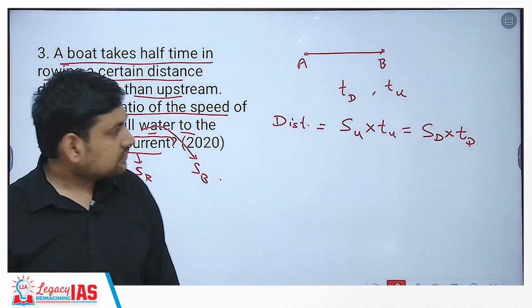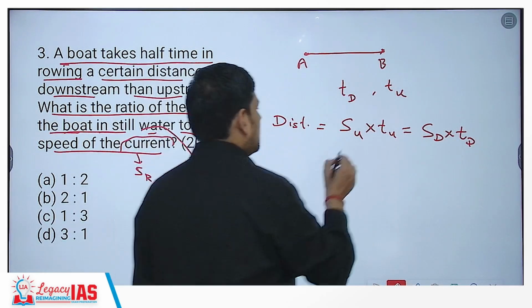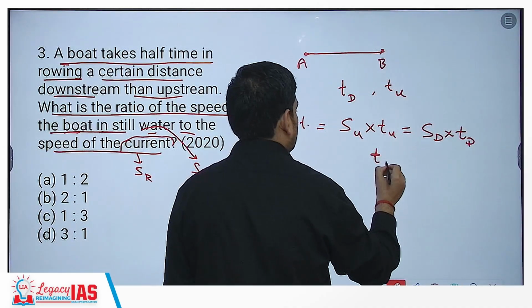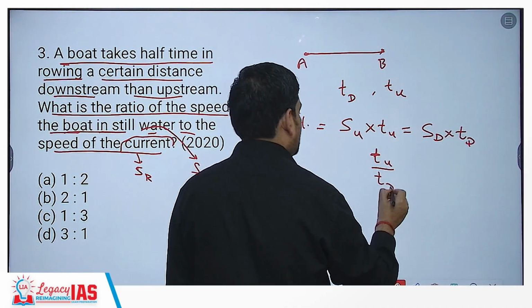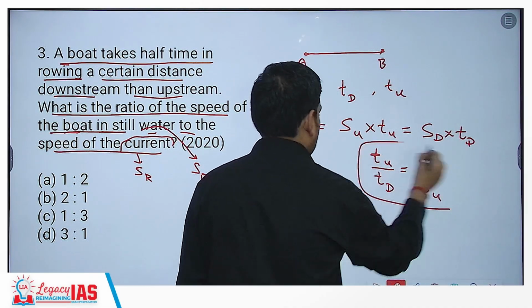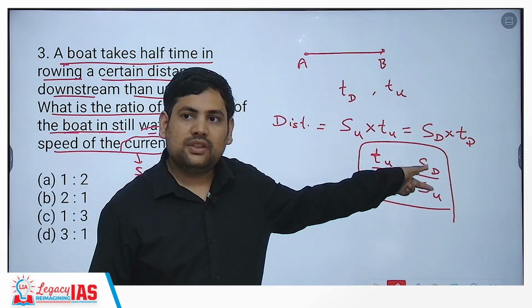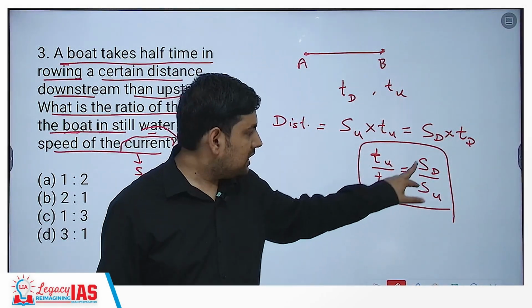Okay, now if both of these are equal, now you see I can write that speed while going upstream divided by speed while going downstream is equal to time downstream divided by time upstream. So the ratio of time will be opposite of the ratio of speeds. So ratio of speeds will be opposite that of time.